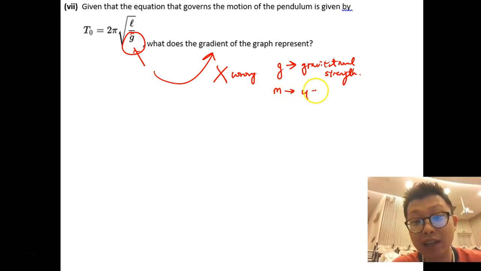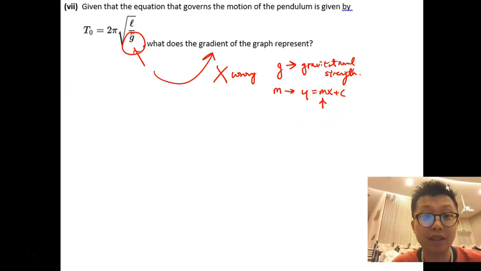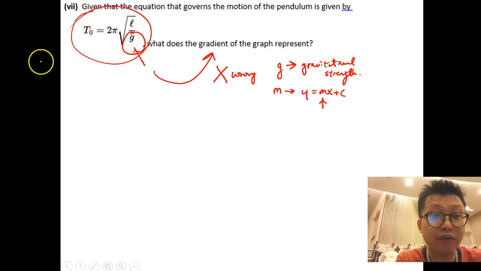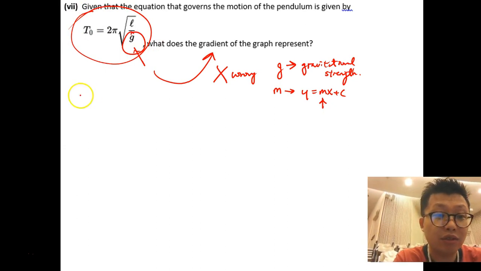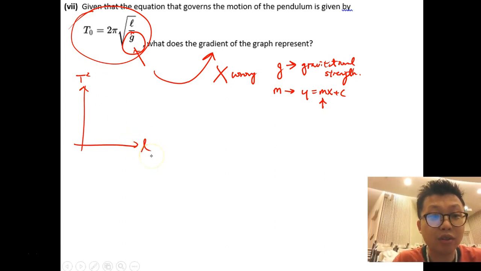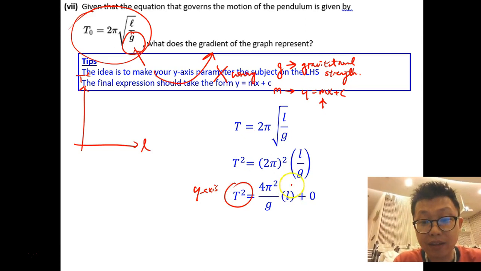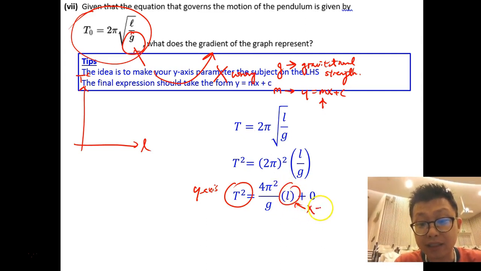Okay, as in y equals mx plus c. You learned that in mathematics. This guy represents gradient. So what you are trying to do is that the teacher has given you a physics equation and you have drawn a graph of T squared against L. So what you need to do is rearrange your equation such that this guy here is the y-axis and this guy here is your x-axis.